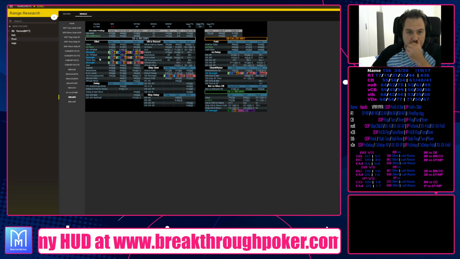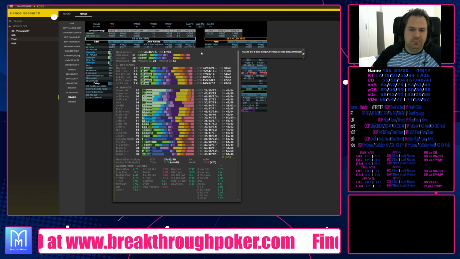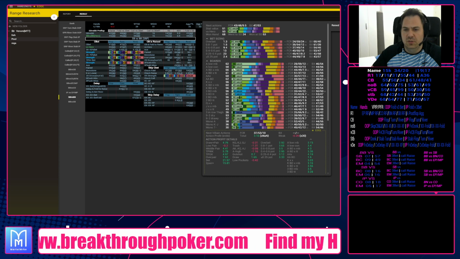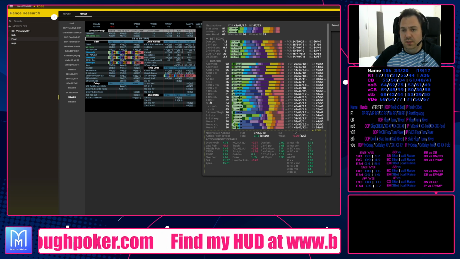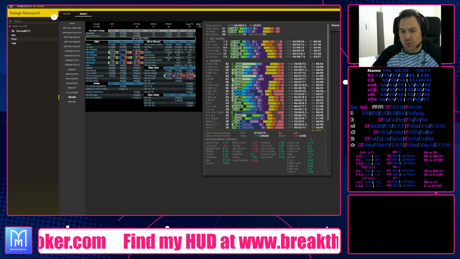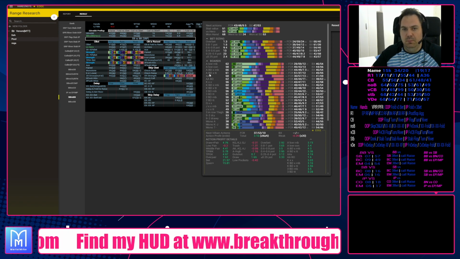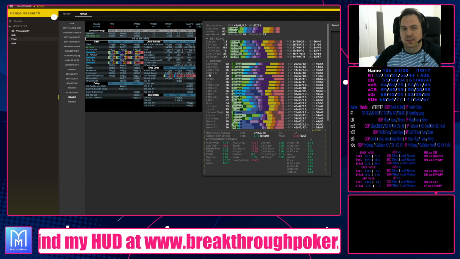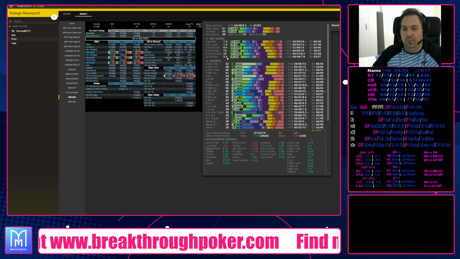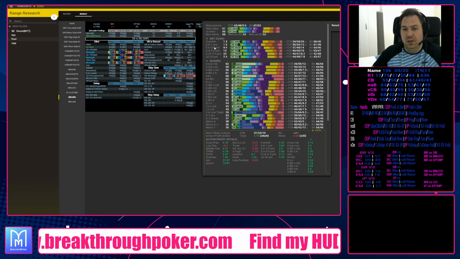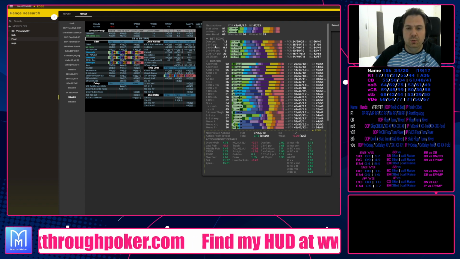So we can have an idea of how the pool plays. We see that the c-bet is 51%. Now let's see if we can draw any conclusions. Basically, we see that the pool is 50% weak across all the boards, so people will bet a lot of weak hands in these situations. They will mix sizes: one-third will be weak, two-thirds, three-quarters will be weak, even pot will be weak.